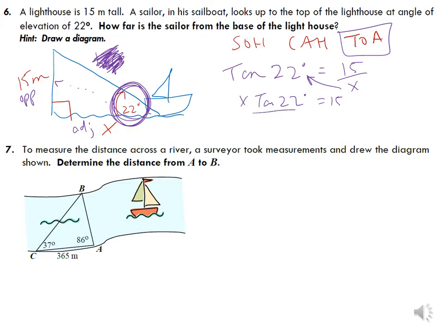How do you get rid of that? Divide both sides by tan 22. And x is going to equal, I'm going to use your calculator, 15 divided by tan 22. And we'll go to one decimal place, 37.1 and meters.